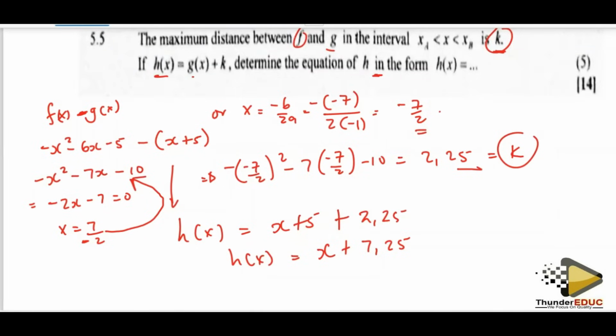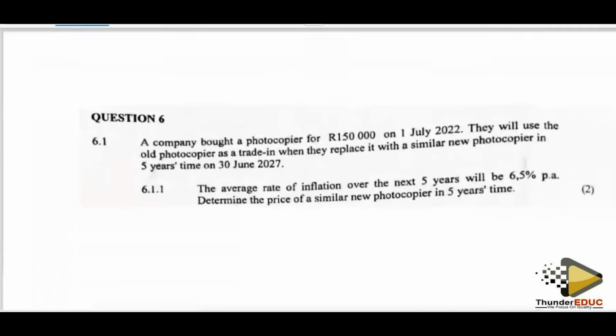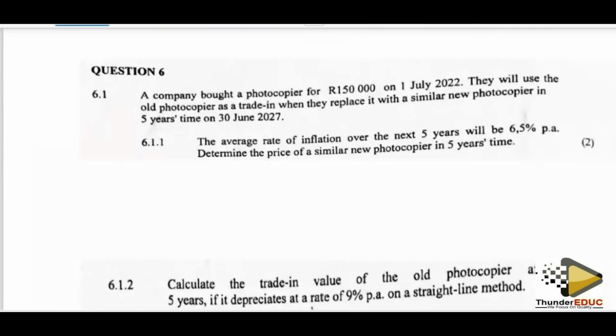Alright, that's 5. I go to question number 6. Number 6 is telling me that a company bought a photocopier for 150,000 rands on the 1st of July 2022.